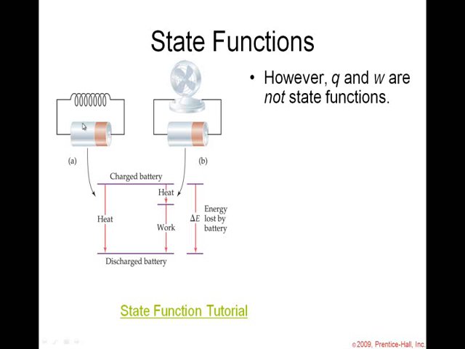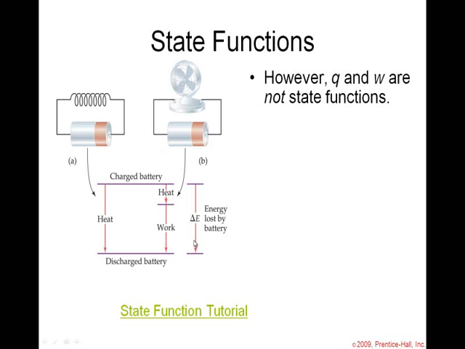So for instance, here I have a battery in a closed loop, which means that the battery is just going to run. It's going to create a lot of heat. So the charge to the discharge produces heat, just Q. Whereas this battery is attached to a fan. So as you know, the battery itself will get warm, right? And work will be done. So it's both heat and work.